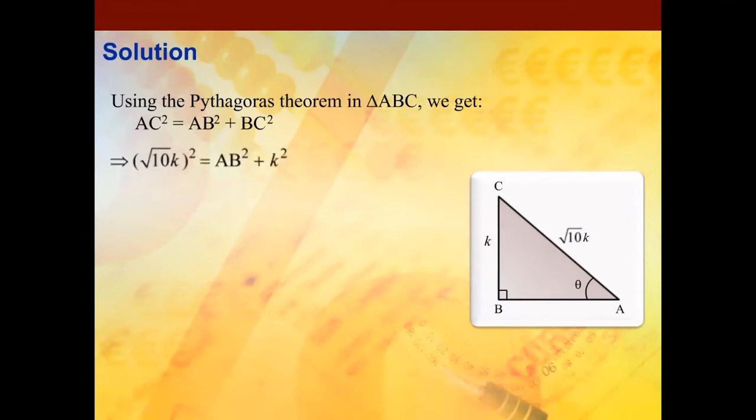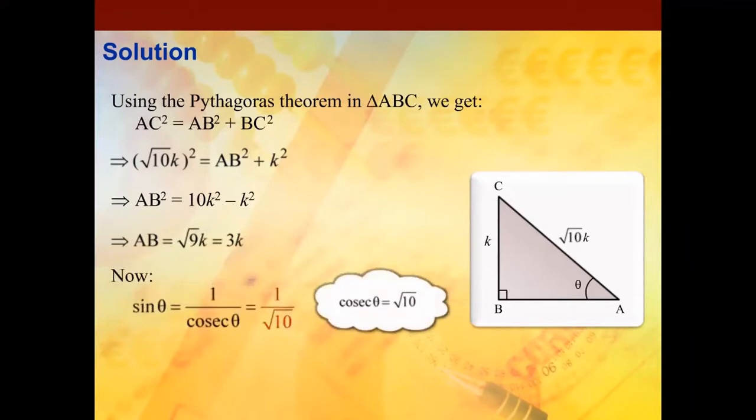After substituting, we get AB square is equal to 10k square minus k square, which gives 9k square. Now AB is equal to under root of 9k square. That gives you 3k.